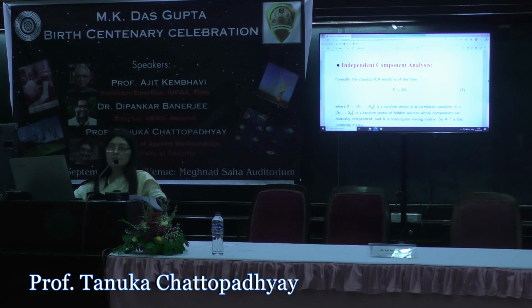But the difference is that the principal components are uncorrelated, whereas the IC components are also independent in a sense. With these independent components, we physically interpret all the parameters, and then we do the analysis for the given data.